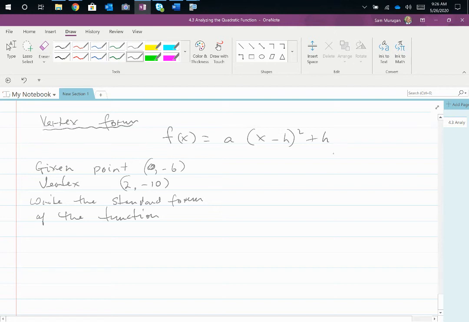So this is some kind of a graph. We don't know if it's turned up or down at this point, but they're giving us that it crosses the y-axis at (0, -6), and then it has a vertex at (2, -10).